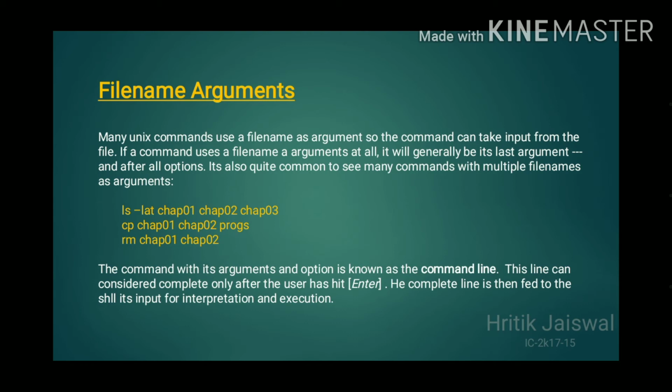It is also quite common to see many commands with multiple file names as arguments, like ls -lat chapter 1 chapter 2 chapter 3, cp chapter 1 chapter 2 procs, rm chapter 1 chapter 2. The command with its arguments and options is known as the command line.